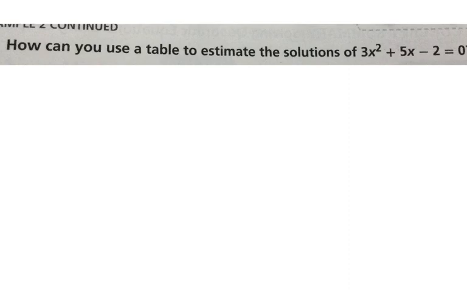So, let's go to our table set. And let's start at 0, but let's go up by 0.25. Alright, pull the table back up. So now at 0.25 it was still negative. At 0.5 it has become positive.